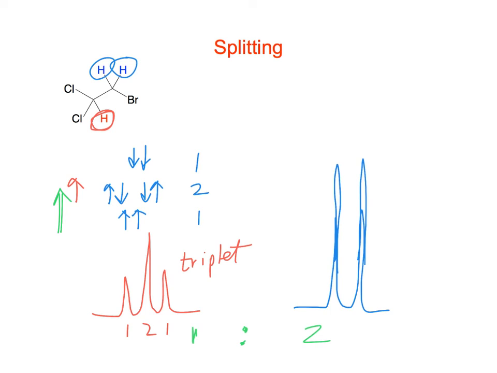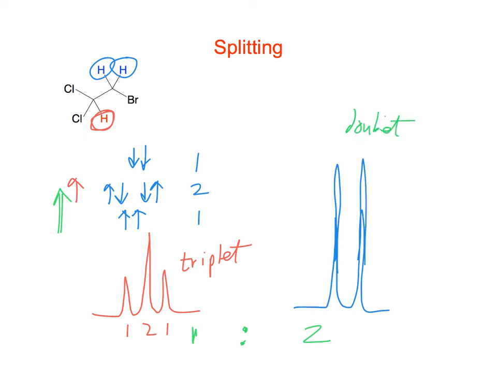Question? So the doublet would show up twice because there's a bromine and the chlorines? Or would there be two doublets on that? No, so we essentially have the doublet here.